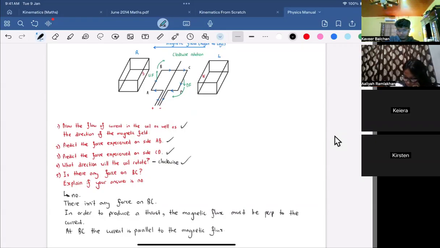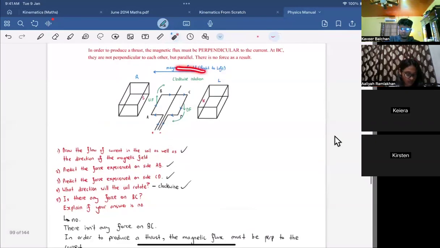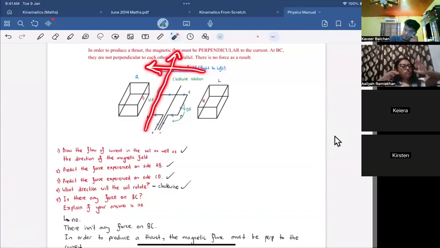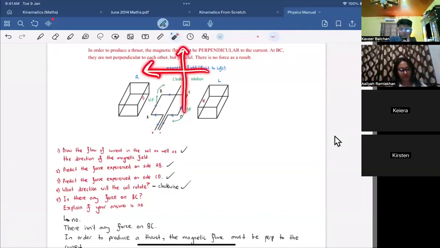All right, so Justin and Aliyah, let me explain what I'm saying. Watch this, guys. Justin, we know that the magnetic field is going here and the current is going here. One of them is going in this direction, the other in this direction. They are what to each other?